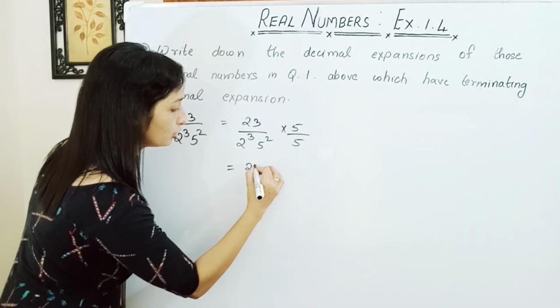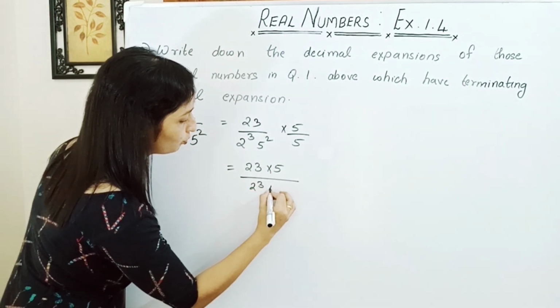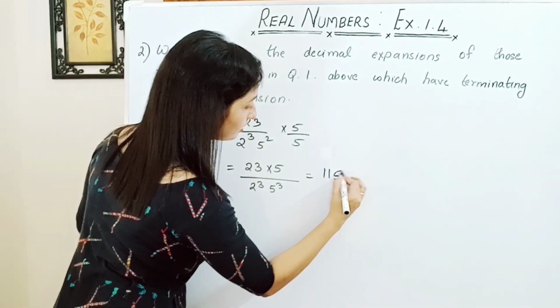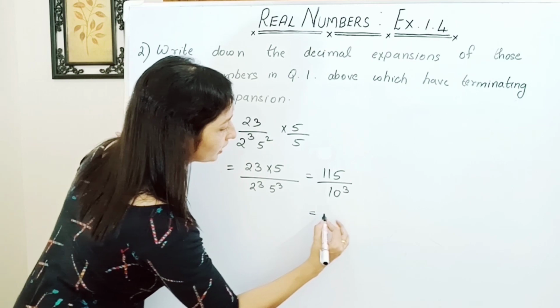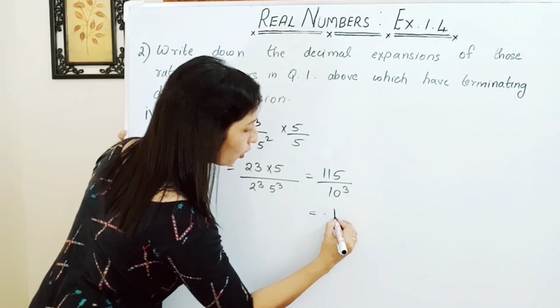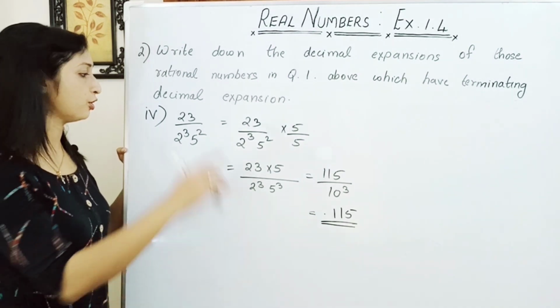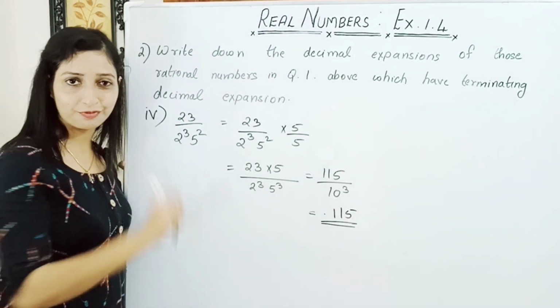What do you get? 23 into 5 by 2 cube into 5 cube. So that is equal to 115 by 10 cube. So what do you get as the answer? 0.115 is our decimal expansion of the given question, 23 by 2 cube into 5 square.